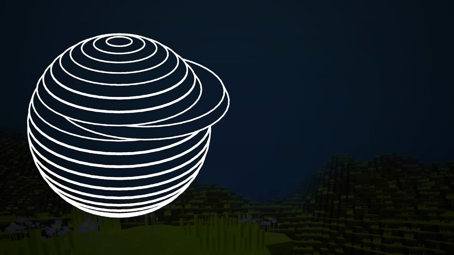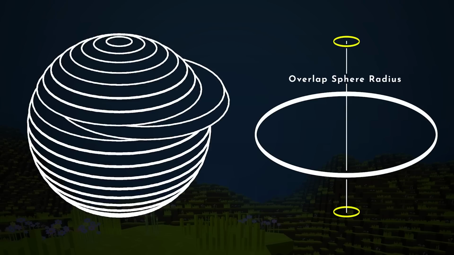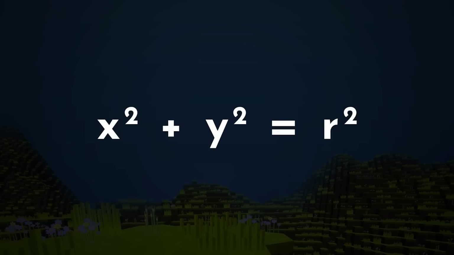Now, on each Z layer, the horizontal radius for the circle will be different. It will be smaller at the top and bottom, and equal to the overlap sphere's radius at the center. To calculate the size of each layer's circle, we can use the equation of a circle. X squared plus y squared is equal to the radius squared.